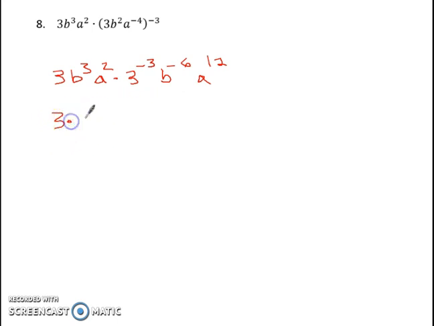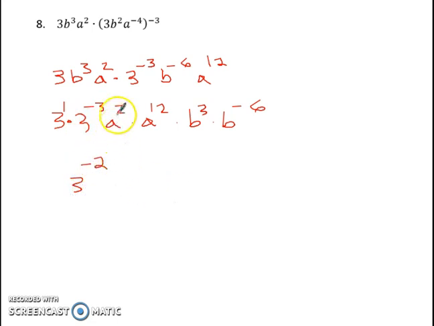Let's go ahead from here and put all of our same bases next to each other. I'm going to put the 3 next to the 3, the a next to the other a, b's next to the b's. Now when we have the same base multiplied, we add the exponents together. So I have a 1 plus a -3, that gives me a -2.